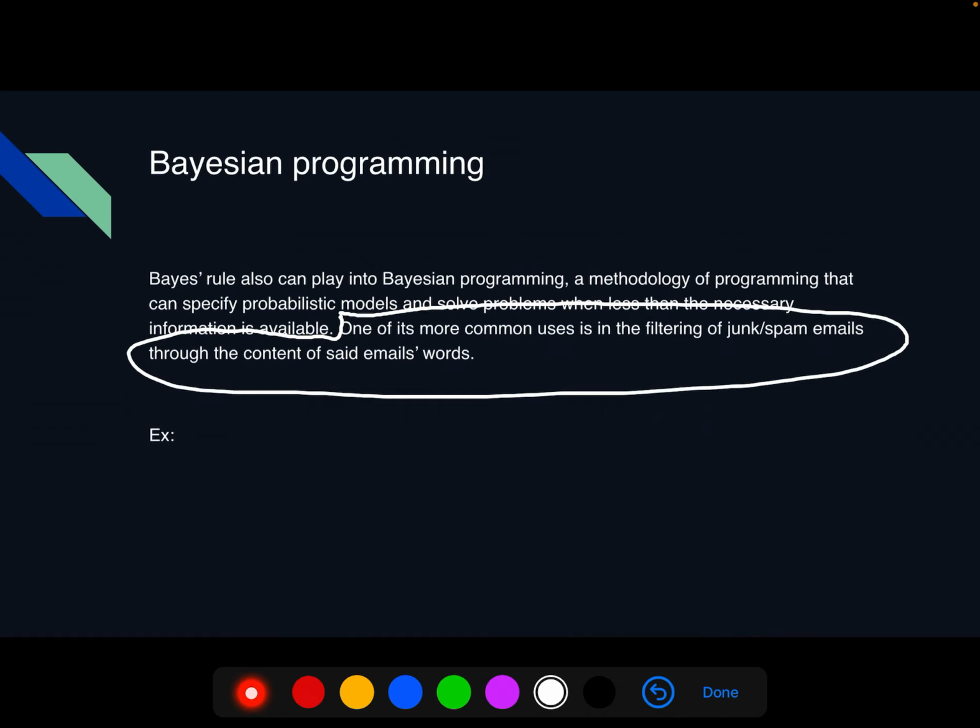And so this right here can also be a good example of Bayesian programming or Bayes' rule coming into play, because there would be two variables. So one of the variables we can have being spam, and then the other, whether the nth word of the dictionary is present in the text. So it would be W sub n minus 1.